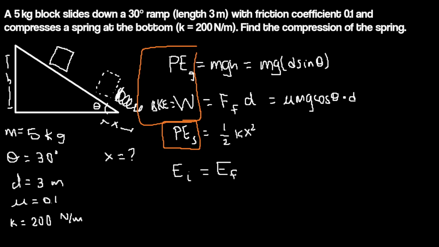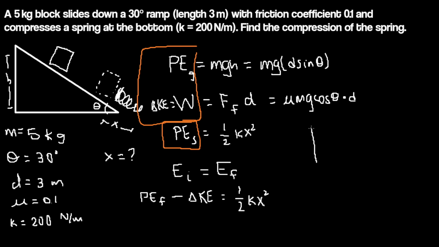Because initial energy equals final energy, we know that PEF minus change in KE. This is minus because at the bottom, you don't have as much potential energy, meaning you're taking away whatever the kinetic energy was. And I'll explain that a little bit more clearly in a second. Equals our final energy, which is 1/2 kx squared.